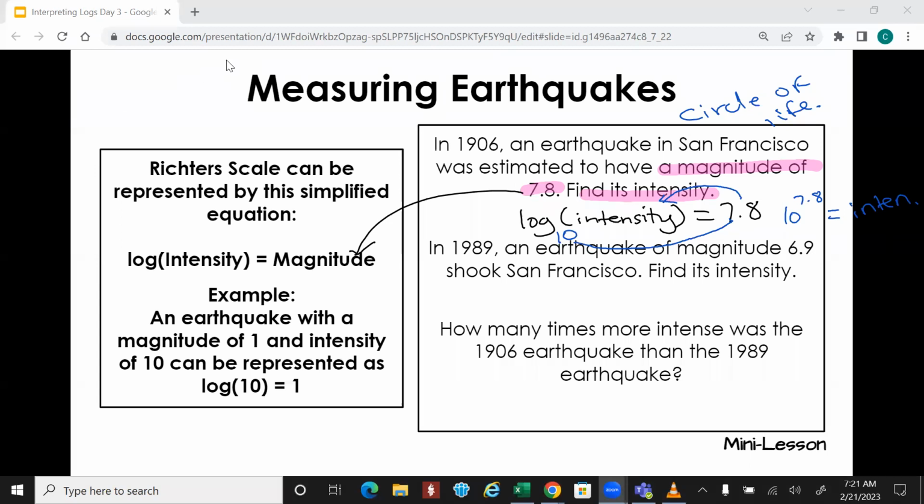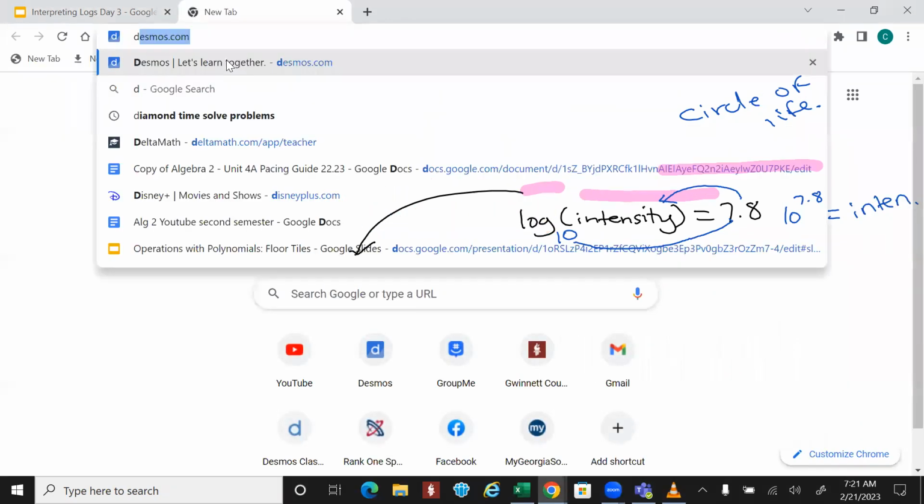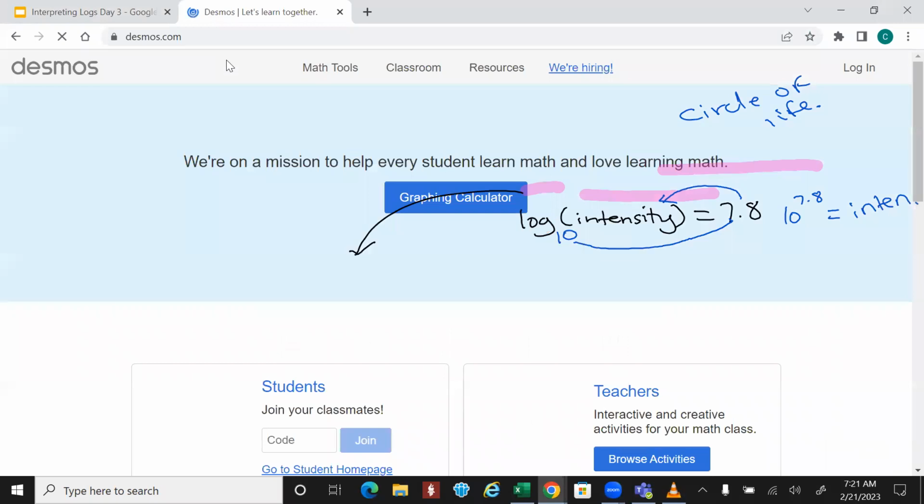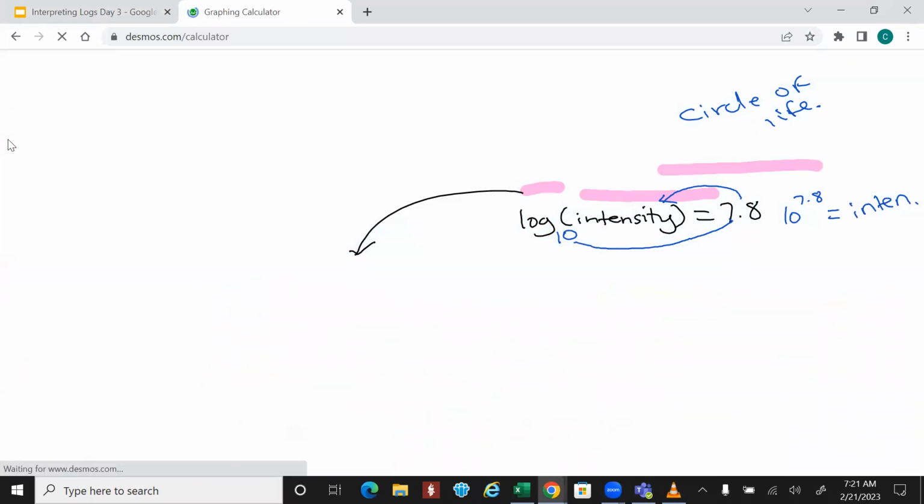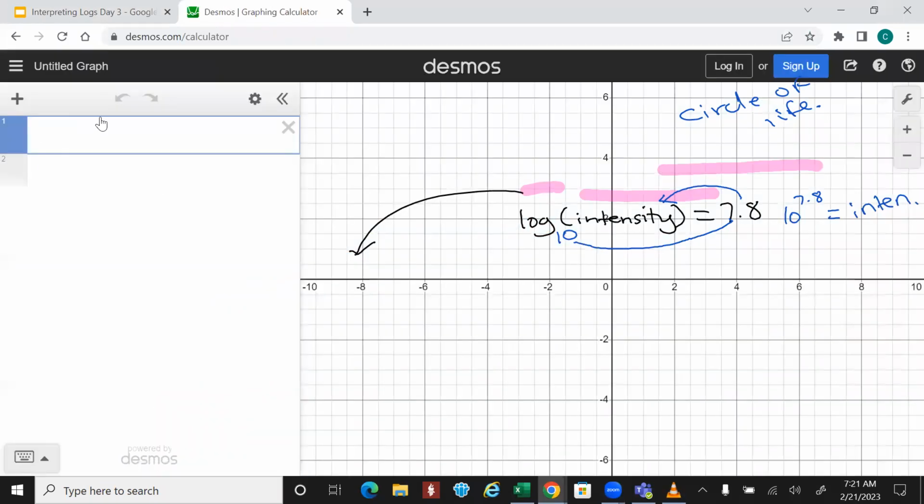Well, let's see. We go into Desmos, and we go 10 raised to the 7.8.